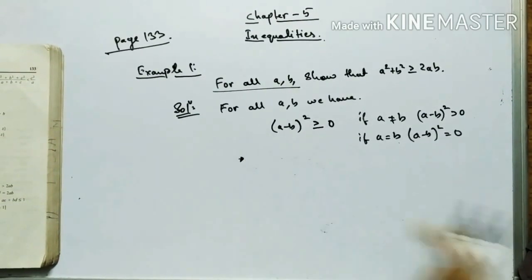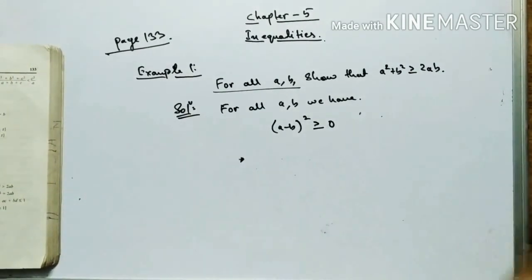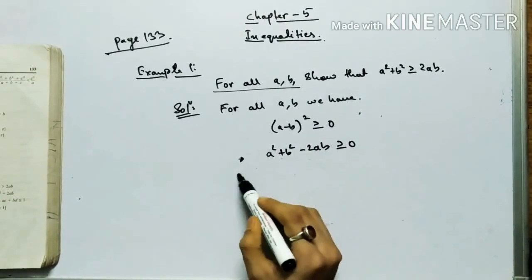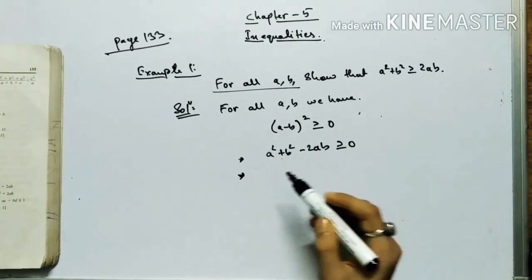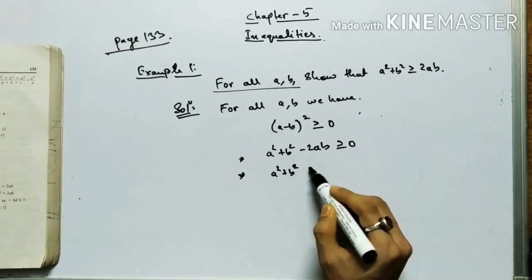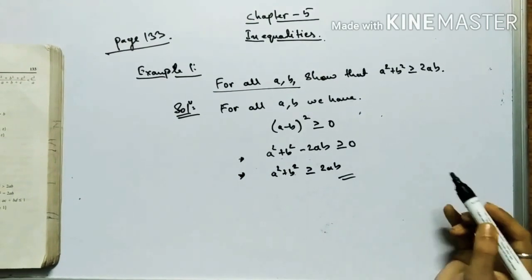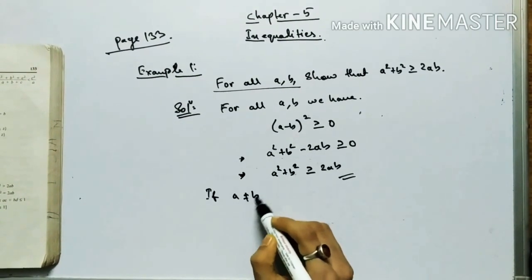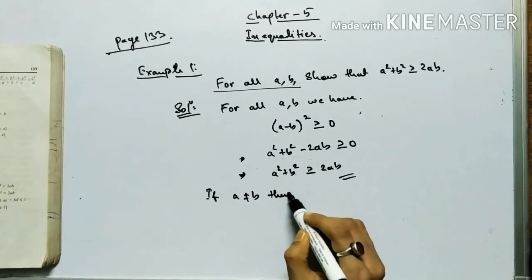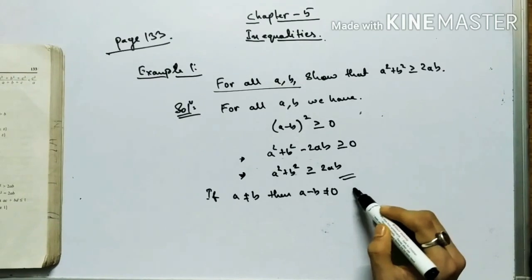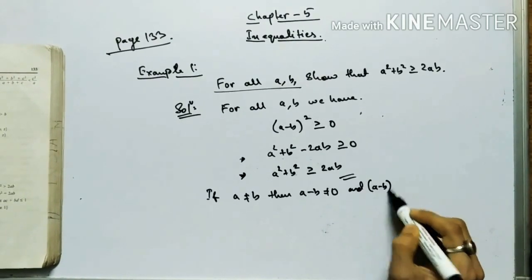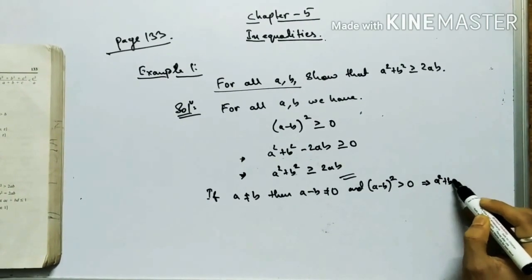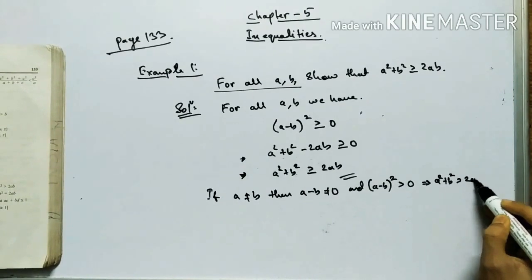Now I will expand this using the formula: a square plus b square minus twice ab is greater than or equal to 0. Twice ab I will send to the right hand side. So a square plus b square is greater than or equal to twice ab. This is our proof. If a is not equal to b, then a minus b is not equal to 0, and a minus b the whole square is greater than 0, and from this result we get a square plus b square greater than twice ab.